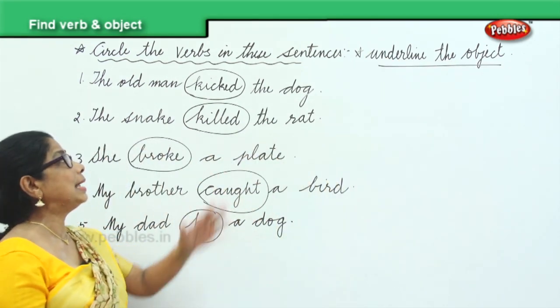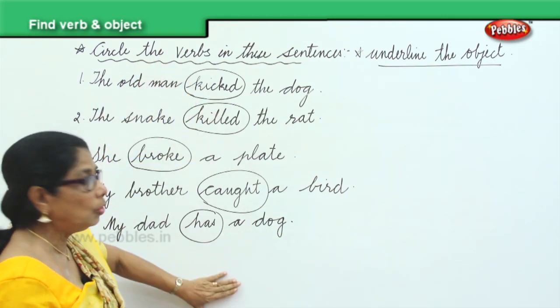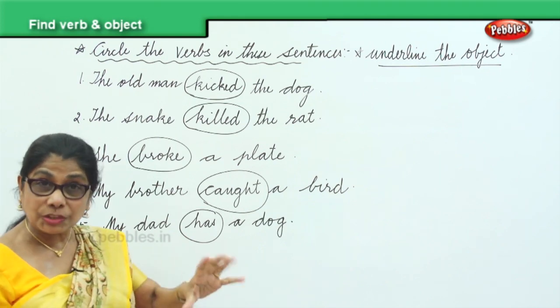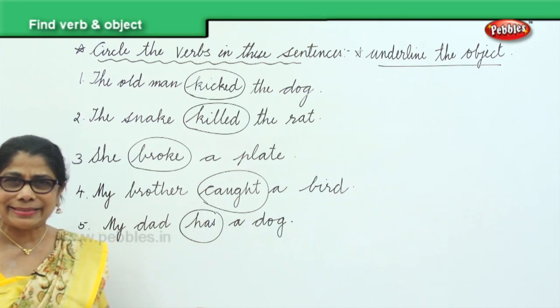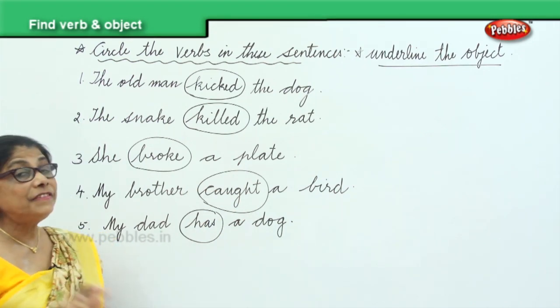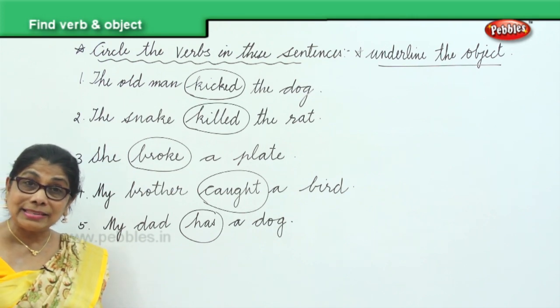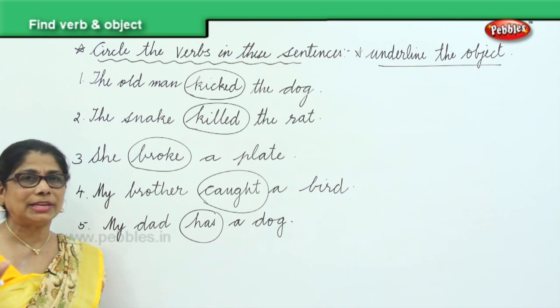We learned a sentence has got a subject. We learned to circle all the verbs. Verbs are action words. What are the action words? Kicked, killed, broke, caught, has. Now, every sentence has an object. The subject does something to an object.